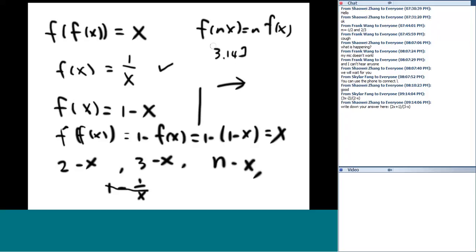The floor of negative 1.5 is negative 2. That is, when does it satisfy f(nx) equals n f(x)?